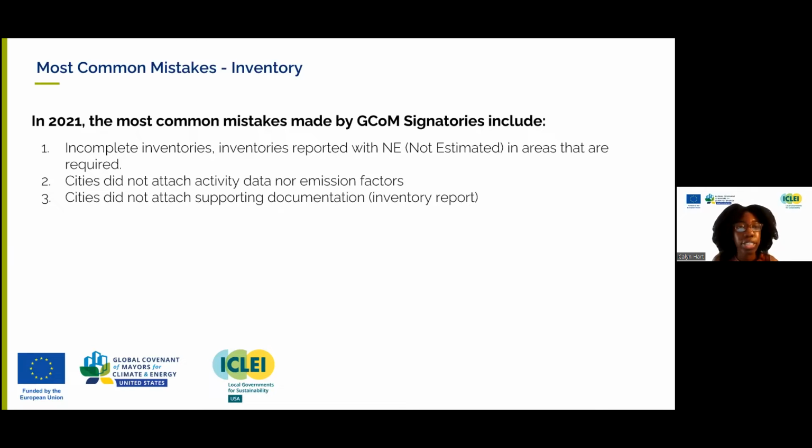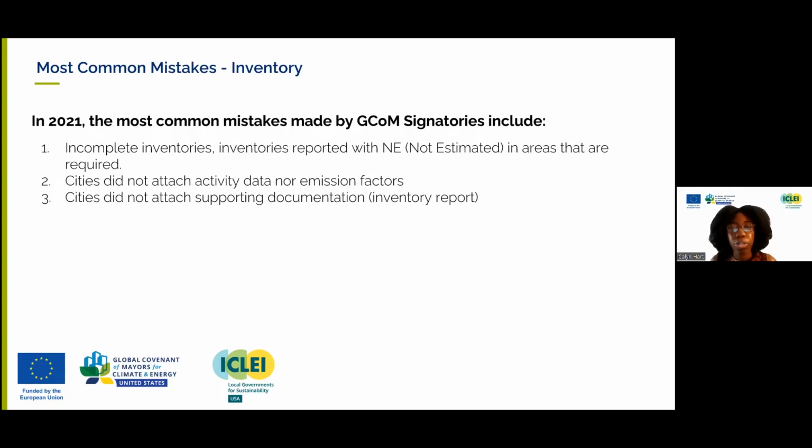And then the last two mistakes here are cities that do not attach activity data or emissions factors. You'll want to make sure that you are including, say, the megawatt hours for electricity usage or MMBTU for natural gas usage. You cannot just report the emissions. They also need to see the activity data.